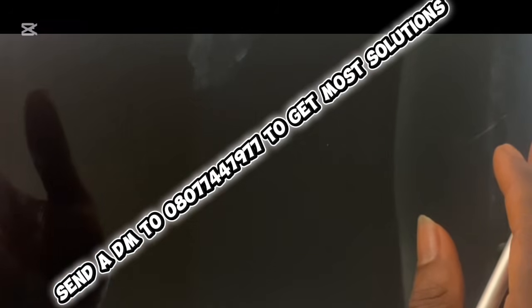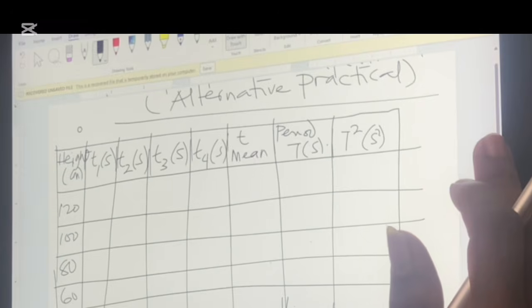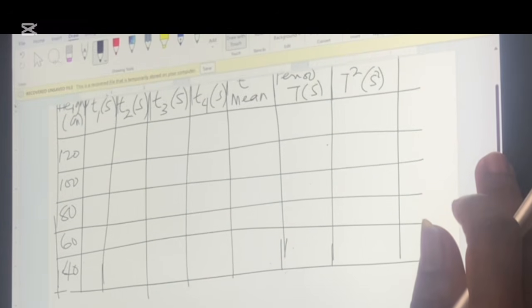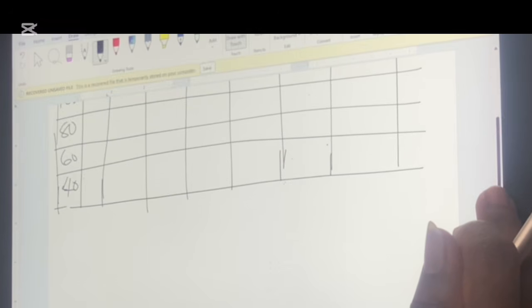Before we use the formula to calculate, remember the purpose of this practical is to calculate acceleration due to gravity. Please take note of this before we start.